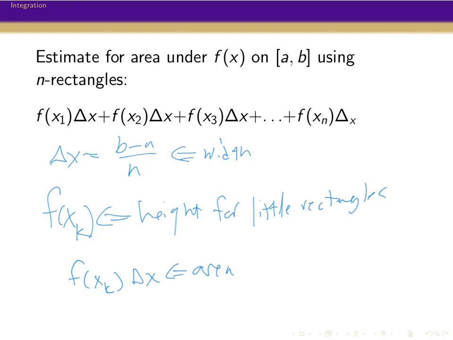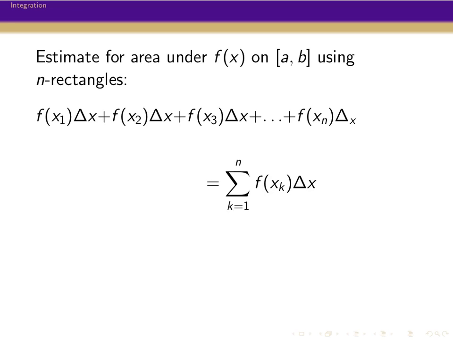One bit of notation that we use to simplify this a little bit, to say that we're adding all of these up from k equals 1 to k equals n, is called sigma notation. I talked about this a little bit in our meeting on Wednesday. Sigma is the Greek version of S, so sigma stands for sum.